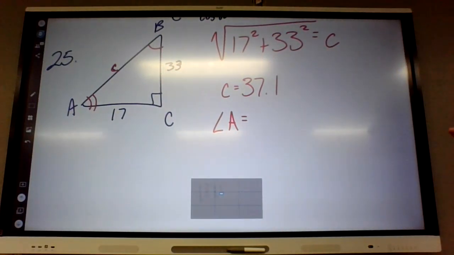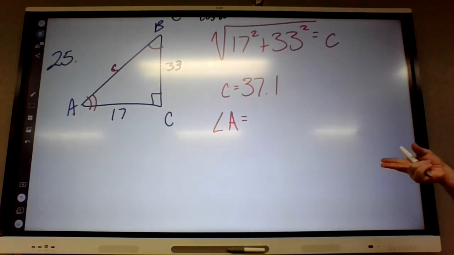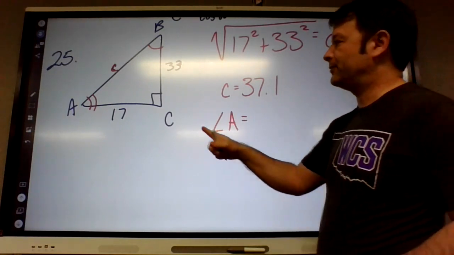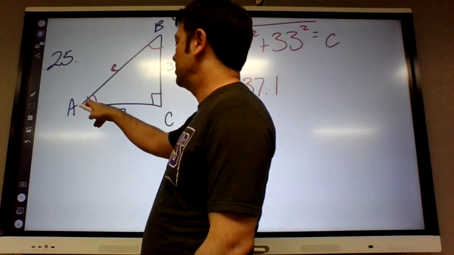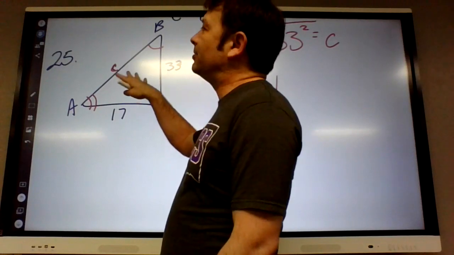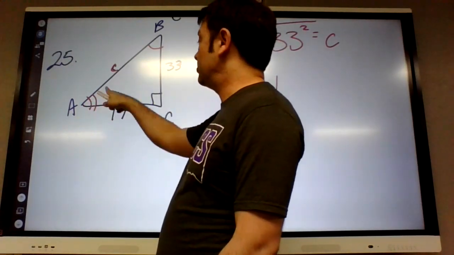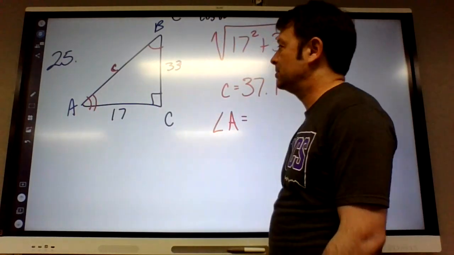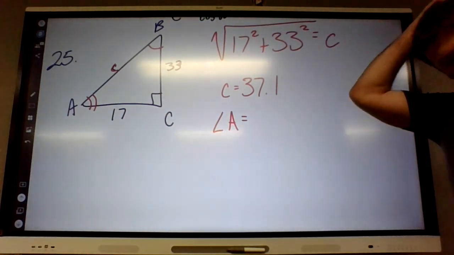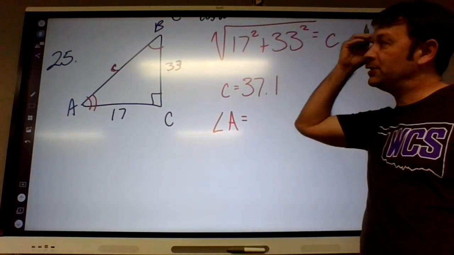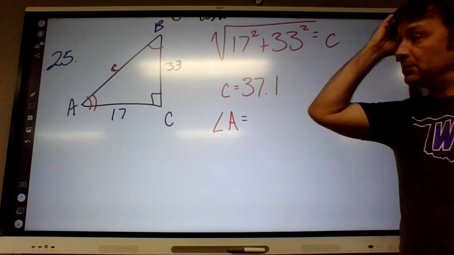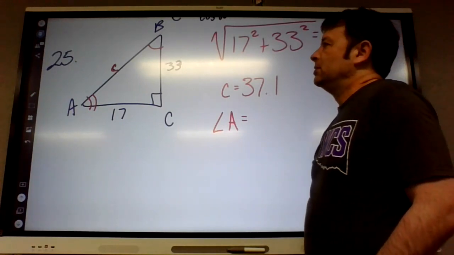Okay, you set up just like we've been doing to solve the sides. So starting from an angle, if we're doing angle A, starting from here, we need two sides that we know because we can't have any more variables. So what are these two sides? Adjacent and opposite. Which trig function does opposite and adjacent? Tangent.